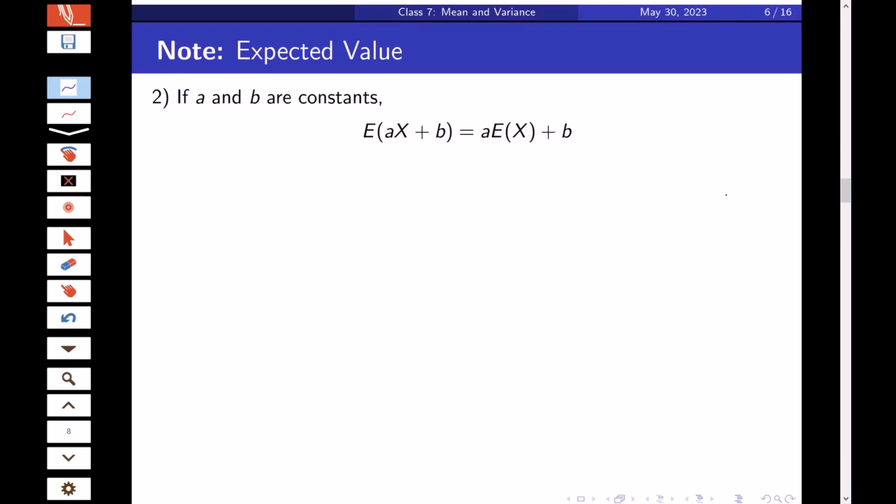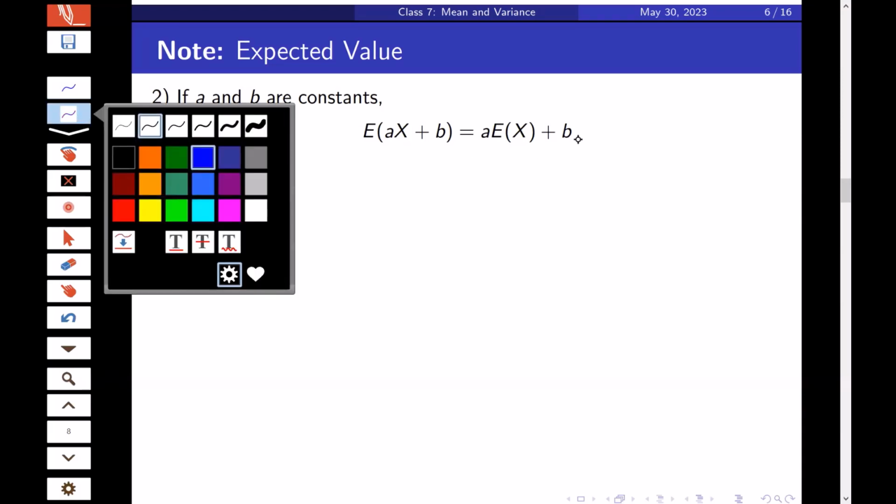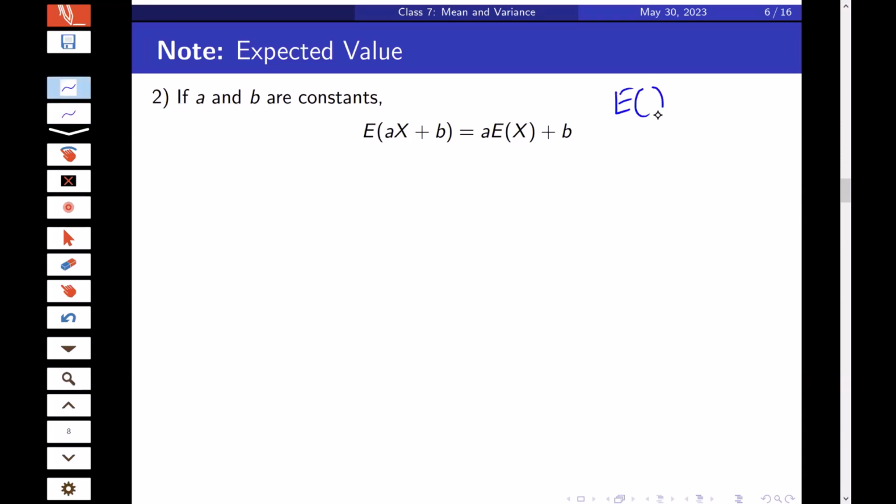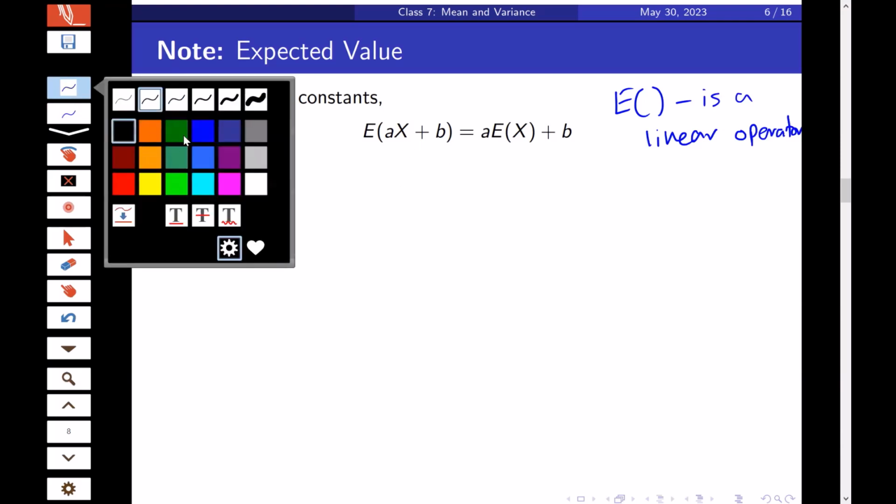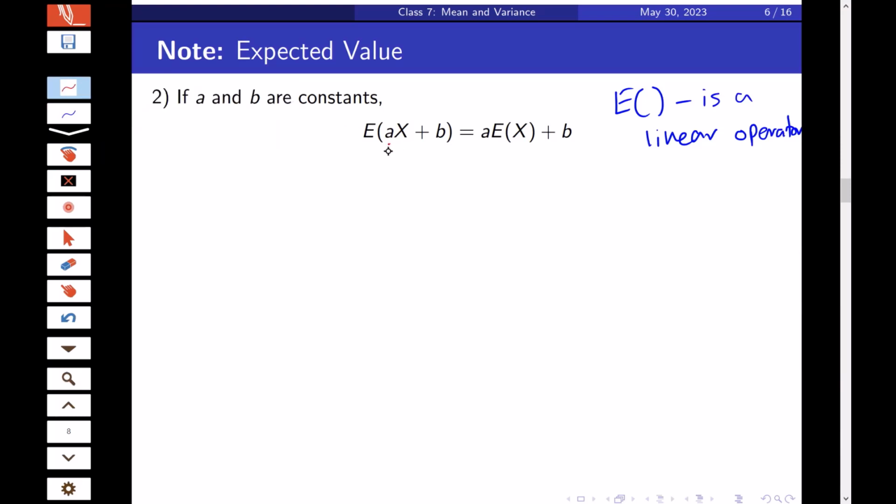So here, this is a linear function, linear because the largest power of X is 1.